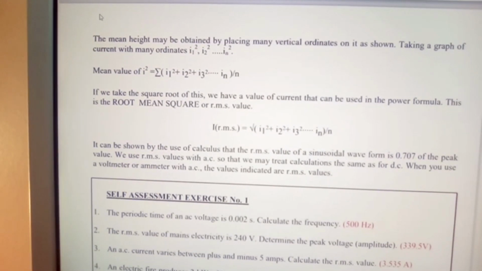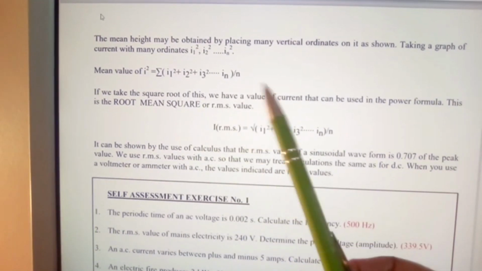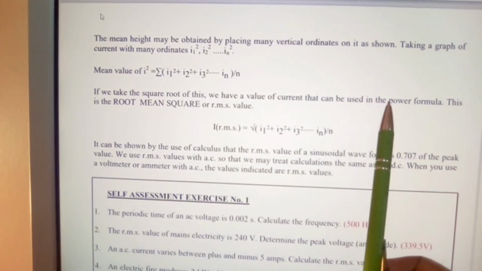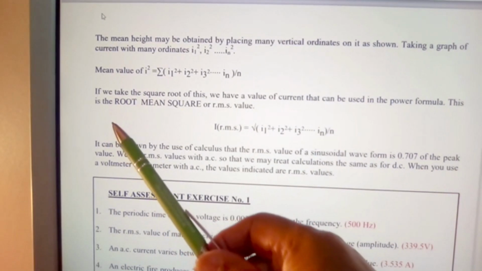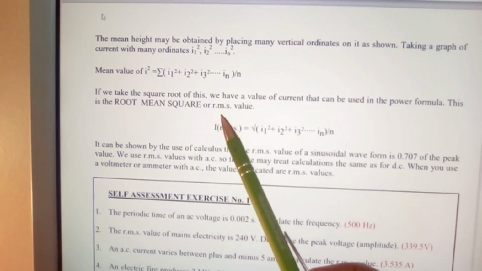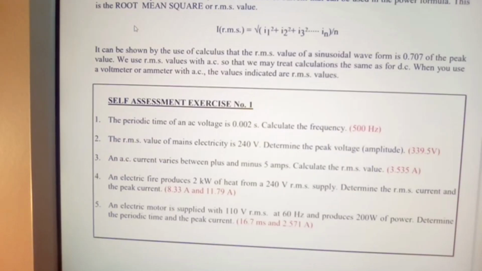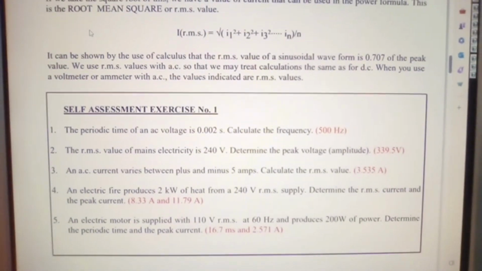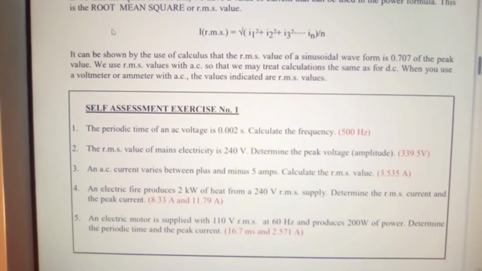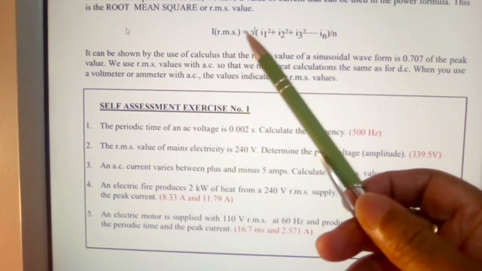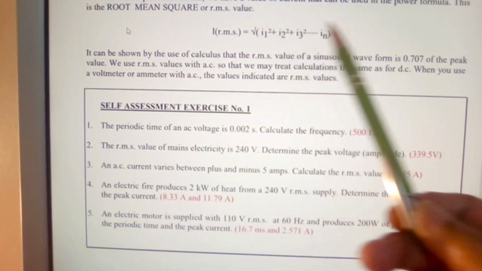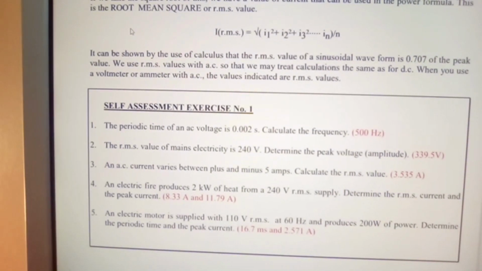If we take the square root of this, we have a value of current that can be used in the power formula. This is the root mean square, or RMS value. And here we have I RMS equals square root of your resultant values over n.